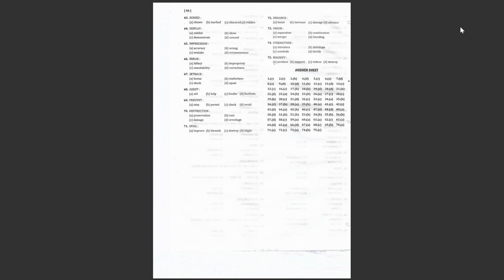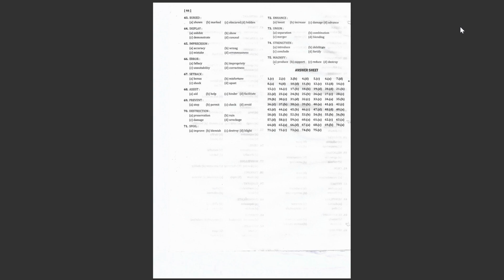A, which is separation. Because you see, combination means combining. Combination is the process of combining two or more things. Merger is a term which is used with regards to companies. When two or more companies are joined together, that process is known as merger and amalgamation.